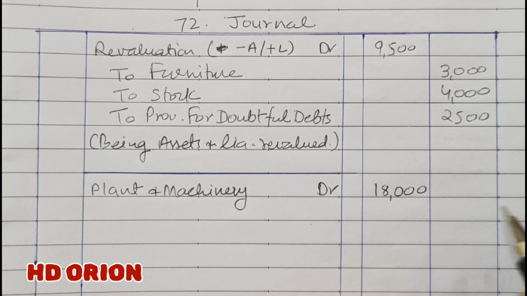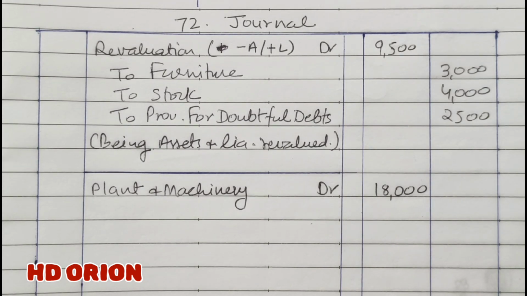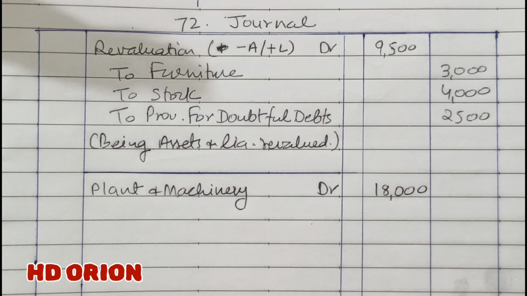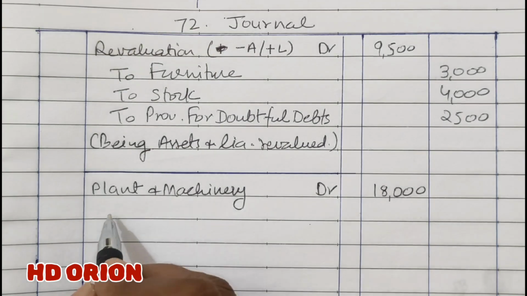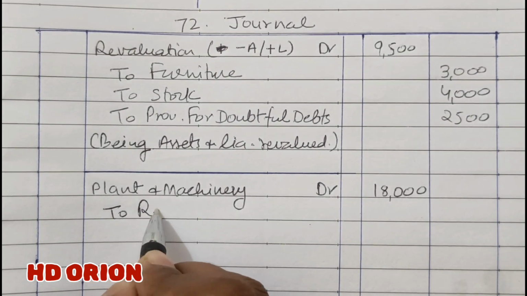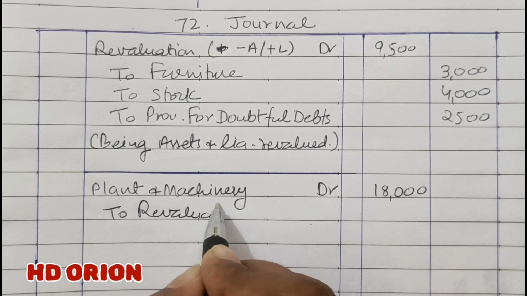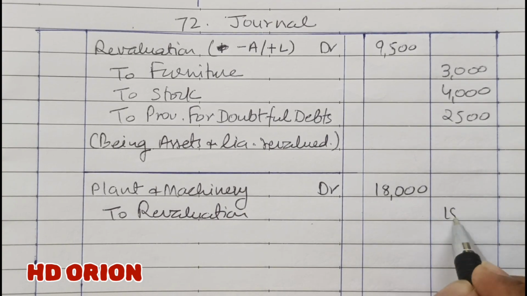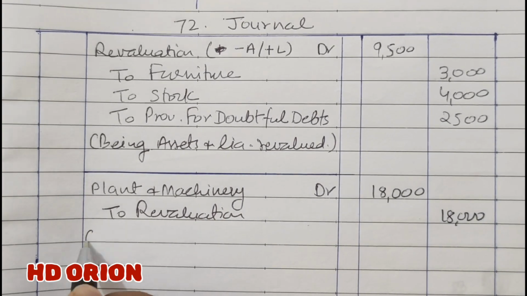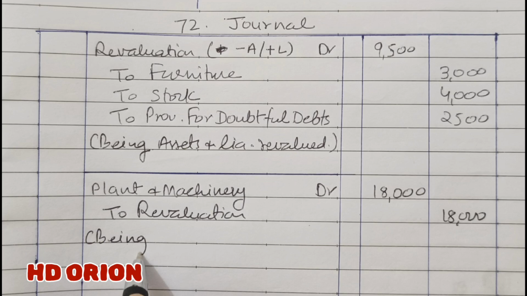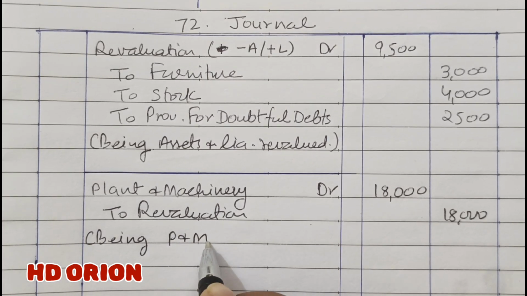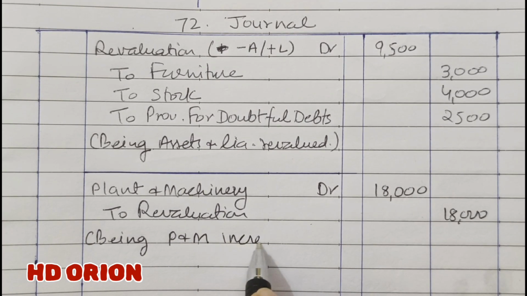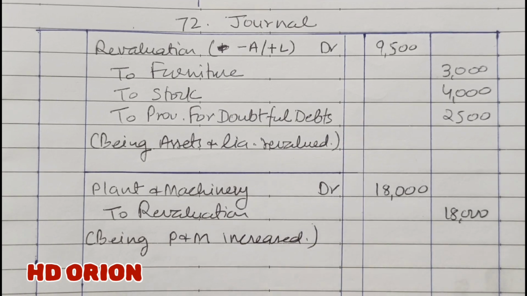So increasing by 18,000 rupees. That is all. No liability is decreasing. So that much only to revaluation. Being plant and machinery increased in value.